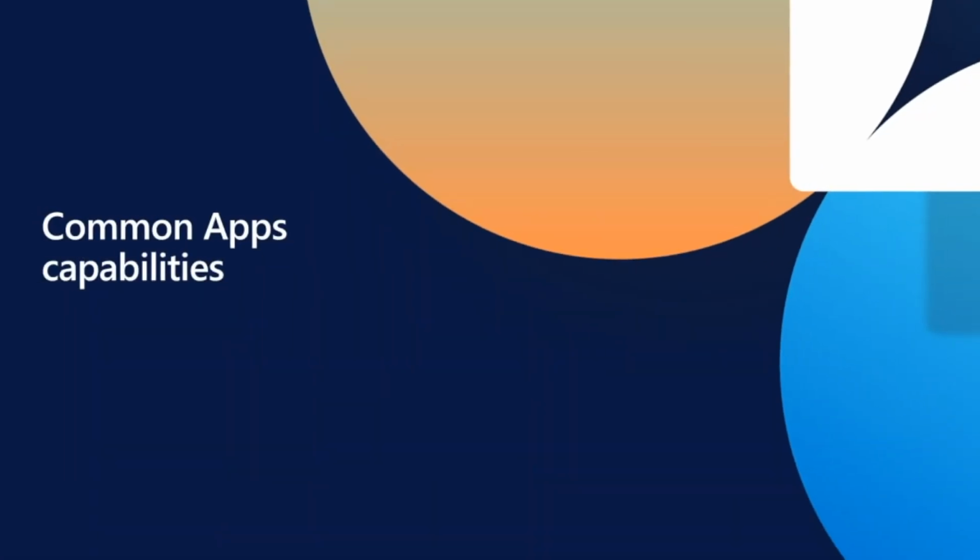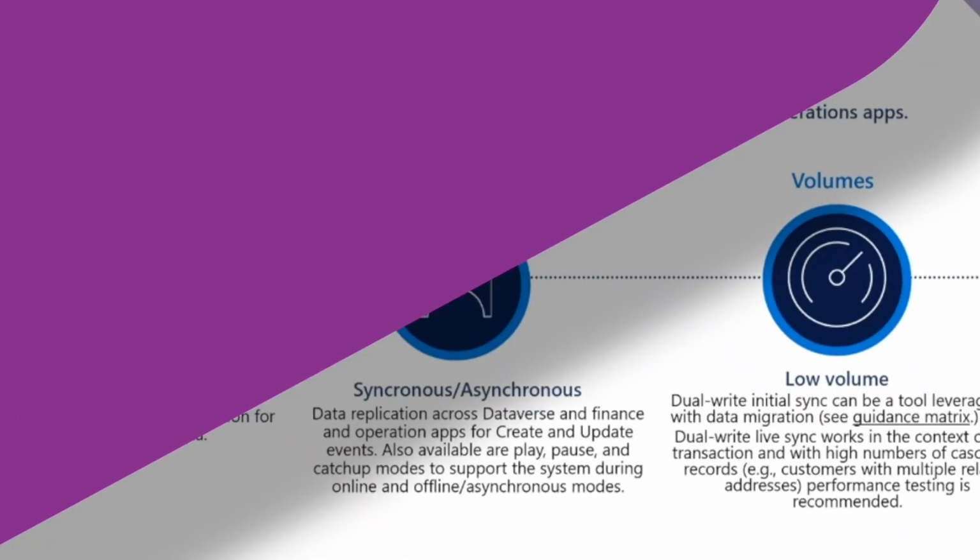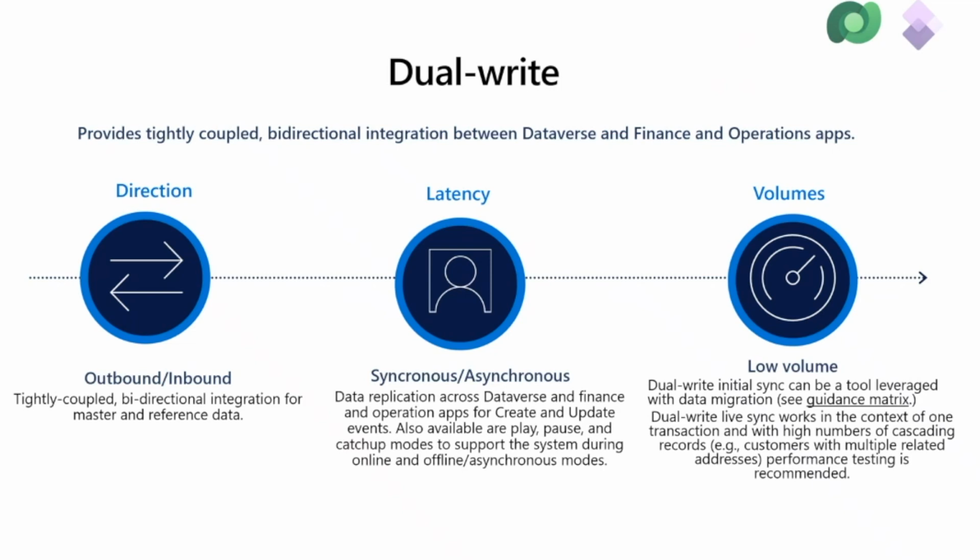Next, as anticipated, let's address the common capabilities across Dataverse and Dynamics 365 F&O apps. Starting with dual write. It provides tightly coupled bidirectional integration between finance and operation apps and Dataverse. There is a platform component to dual write that actually enables the integration, and an application component that provides dedicated packages for integration flows like finance, supply chain management, notes integration, and prospect-to-cash processes.